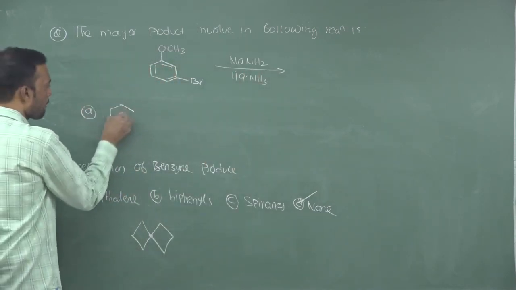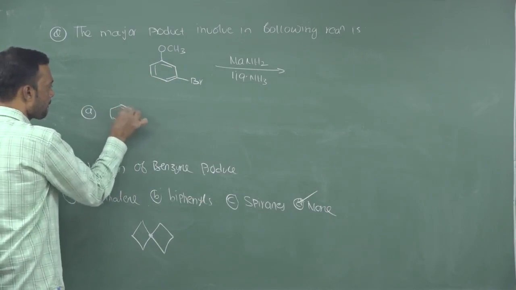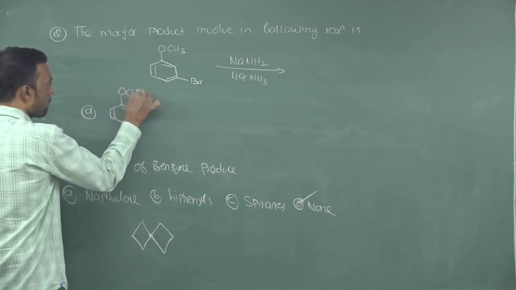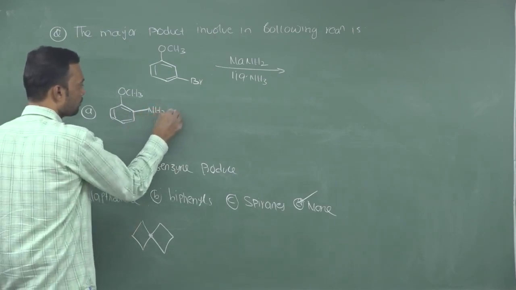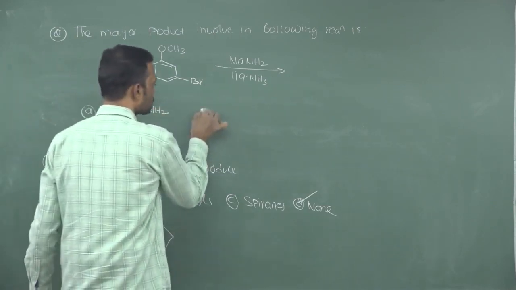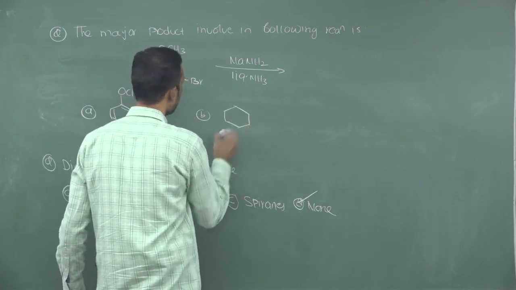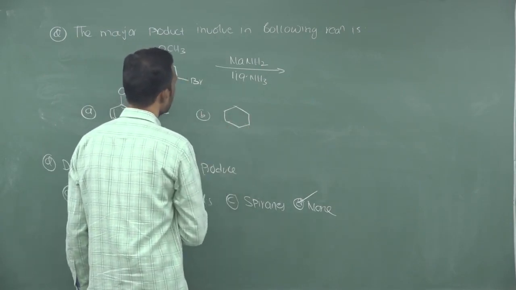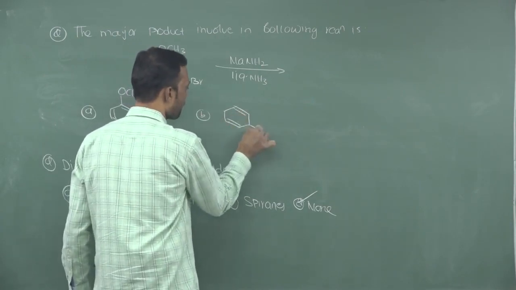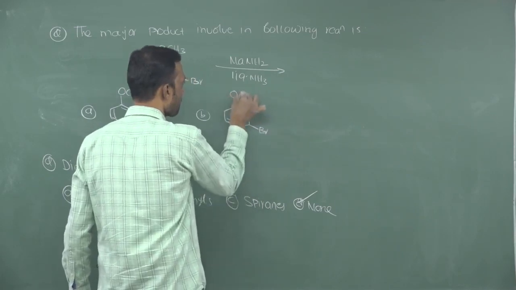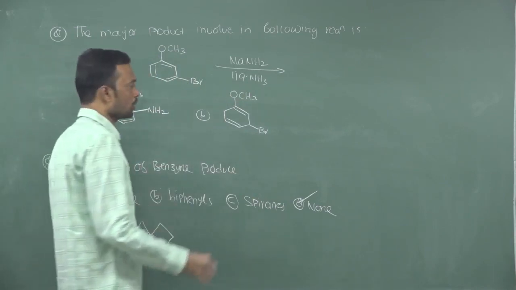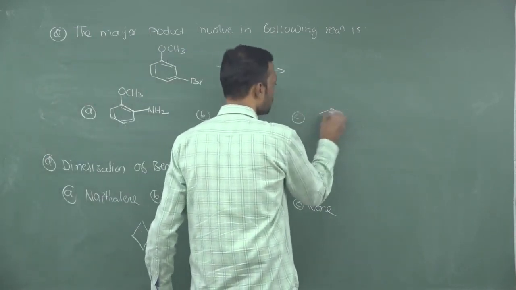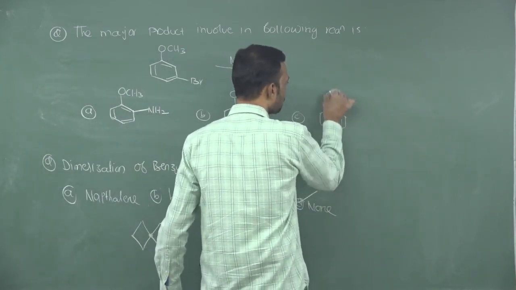Option A. OCH3 and here I am writing amine. So option B. This is called Birch reduction product. Option C, this is one more Birch reduction product.